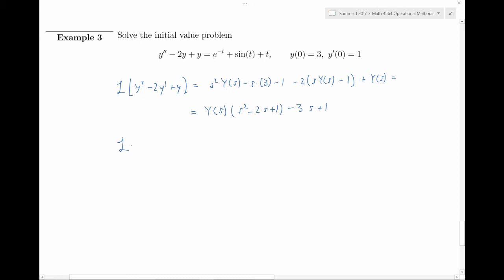The Laplace transform of e to the minus t plus sine t plus t equals 1 over s plus 1 plus 1 over s squared plus 1, and t has a Laplace transform 1 over s squared.